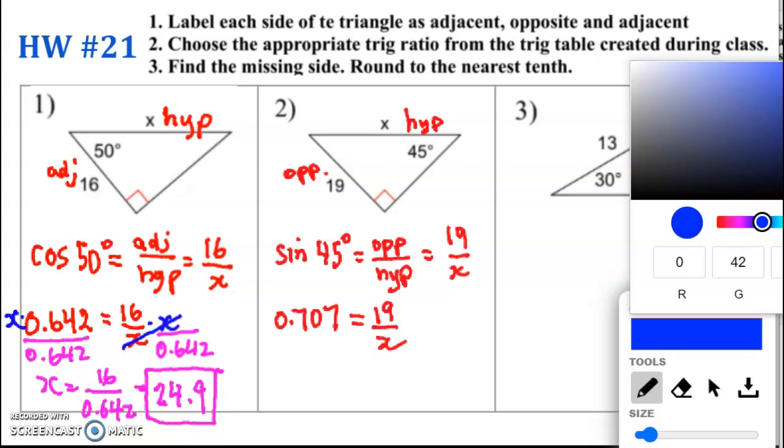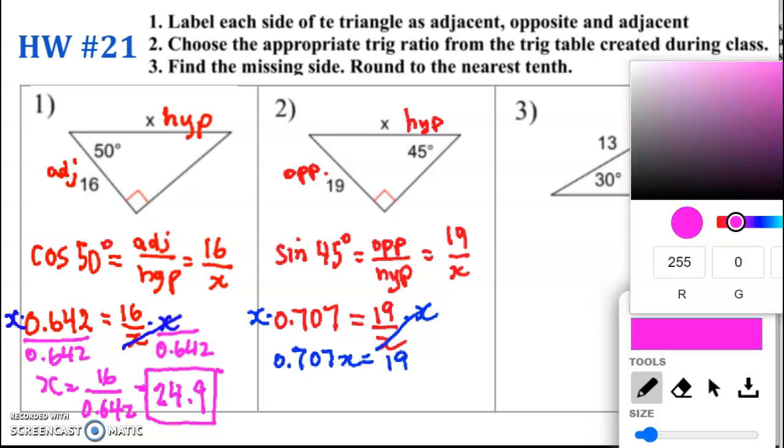And again, I am going to multiply both sides by x here because the x is occurring as a denominator, which cancels that out. So you have 0.707x is equal to 19.